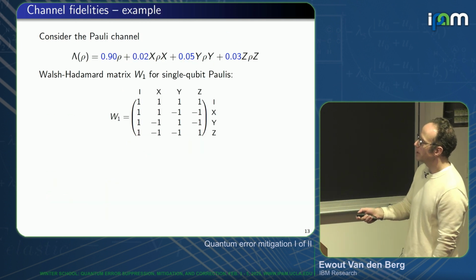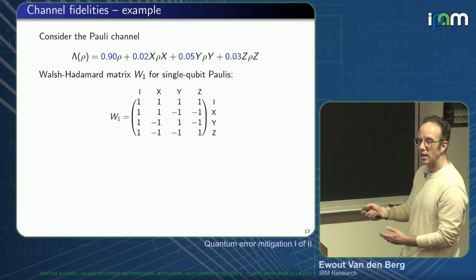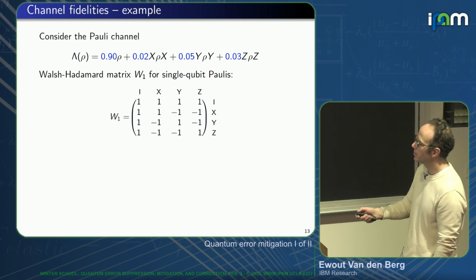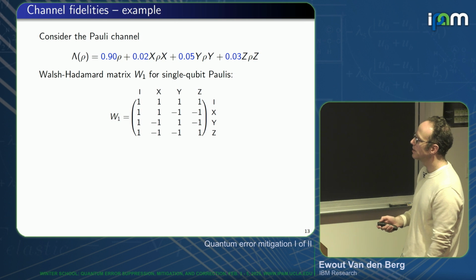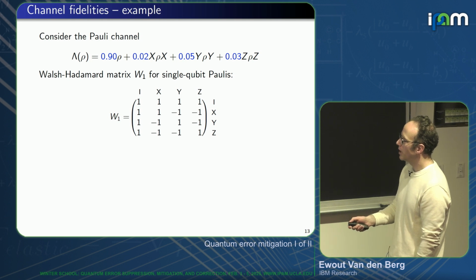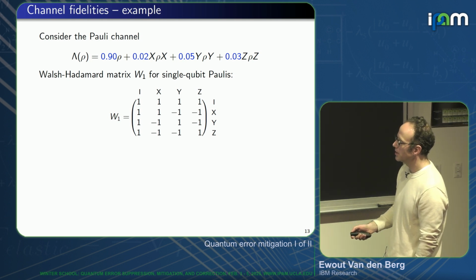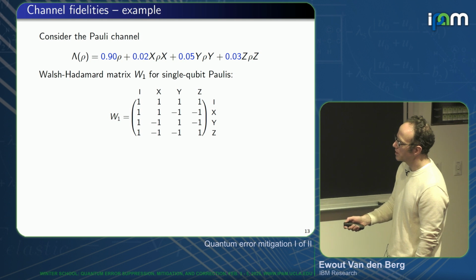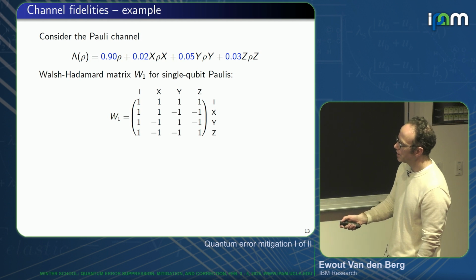So for example, if we have a channel where you have 0.9 times the original plus some terms for x, y, and z, then the Walsh-Hadamard for a single qubit Pauli is just this matrix. Everything commutes with the identity, the terms themselves commute with each other, and all the others don't.